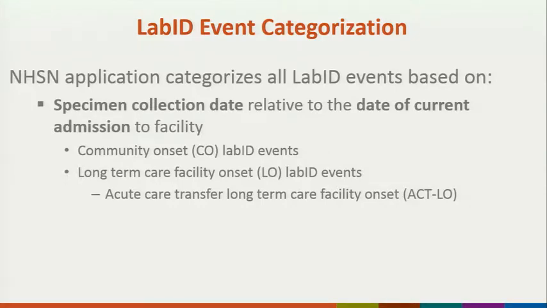And the long-term care facility onset lab ID events are events where the specimen collection day is day 4 or more from the current admission day. The acute care transfer, long-term care onset are a subset of the long-term care onset events, where the specimen collection date is within 4 weeks from transfer from an acute care facility.